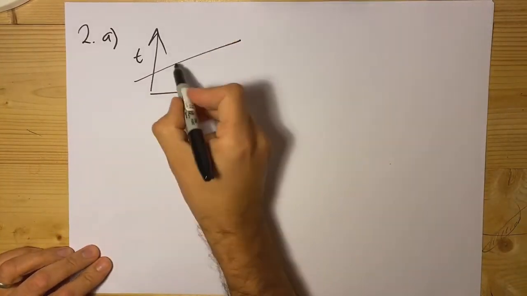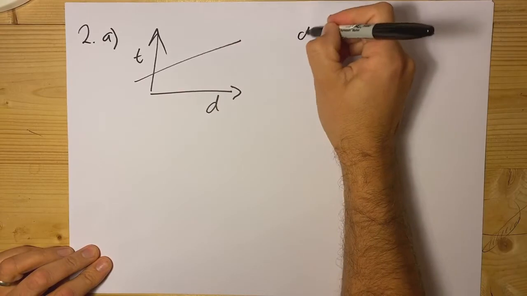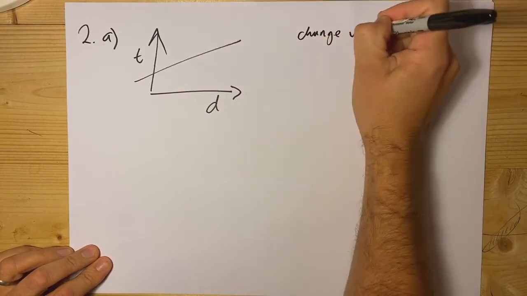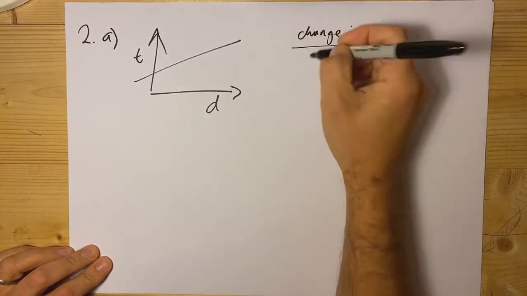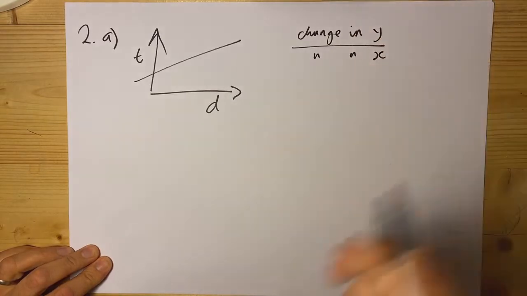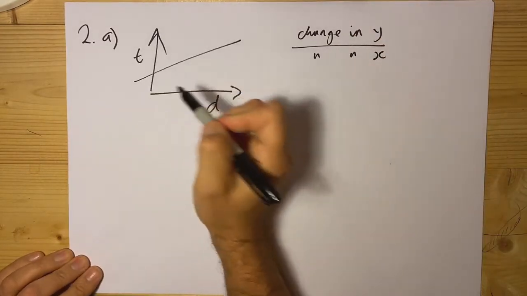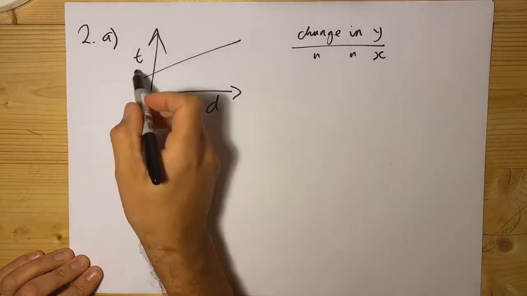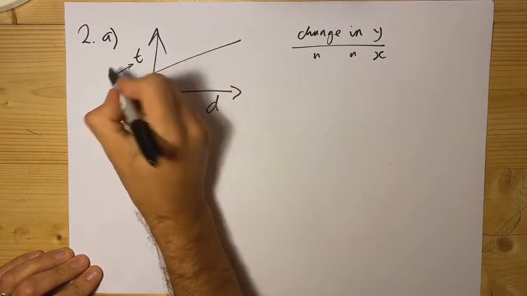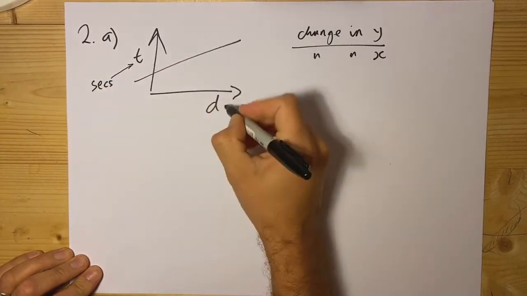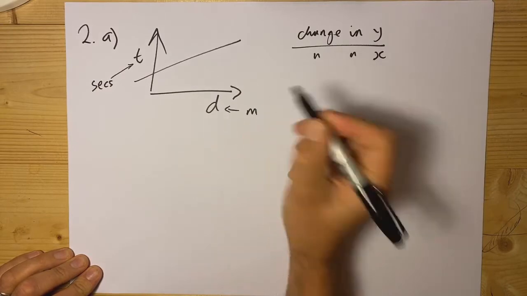And remember, the gradient of this line is the change in y over the change in x. So the change in time divided by the change in distance. So if we give these some sensible units, let's say time is in seconds, and then distance would be in meters.